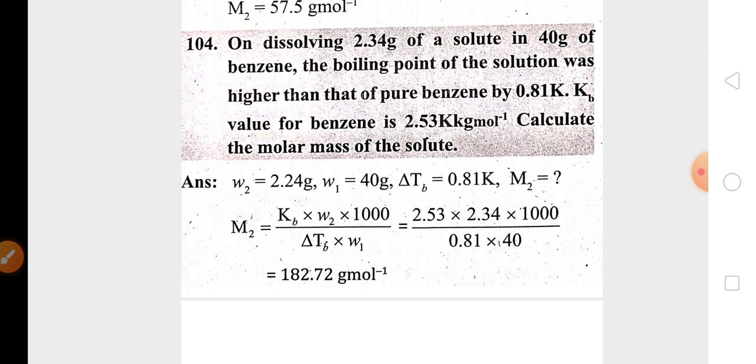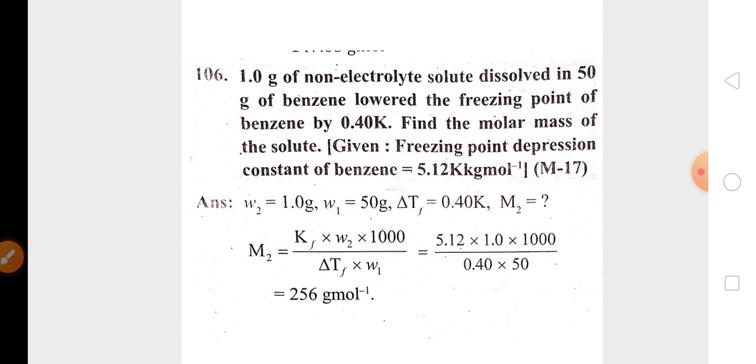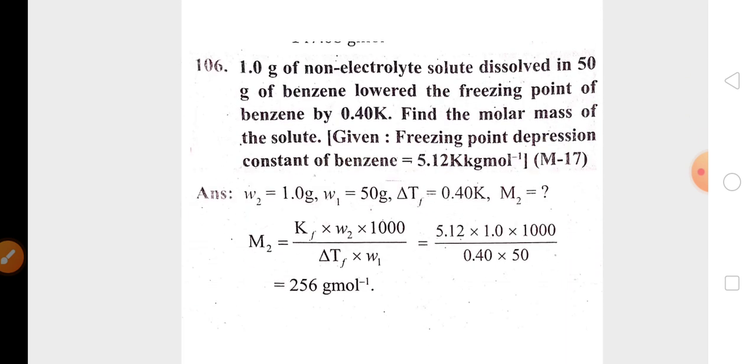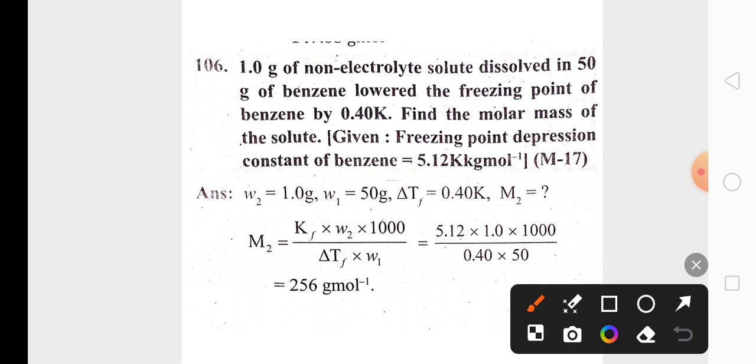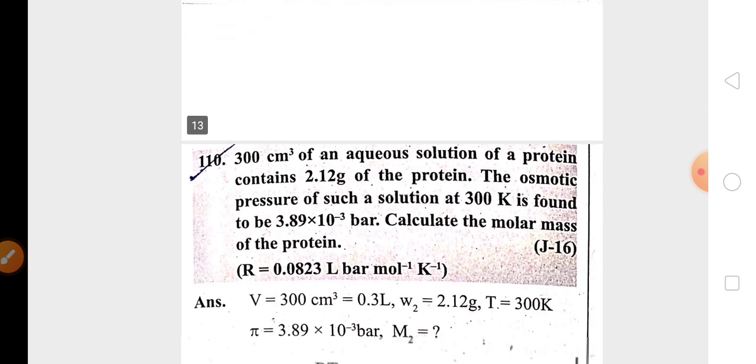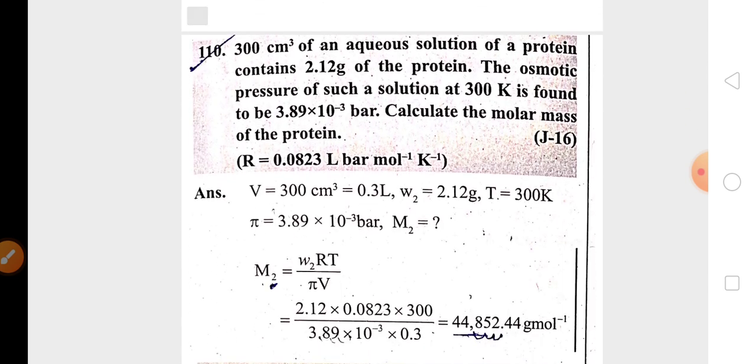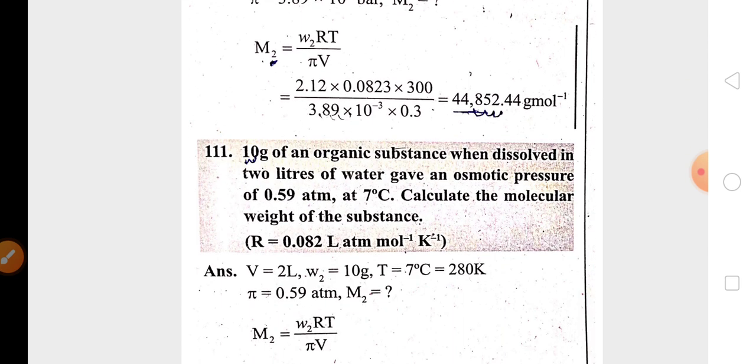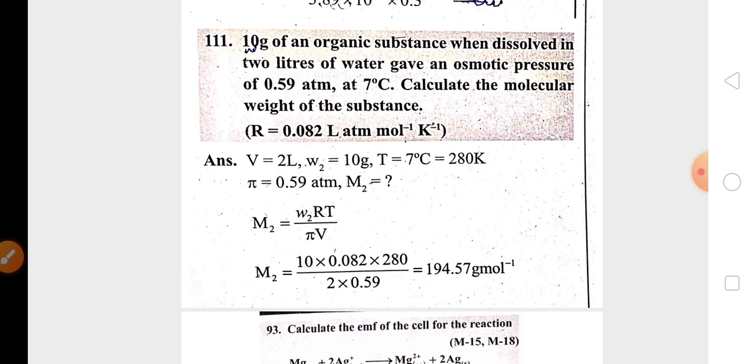Another question from elevation in boiling point to find the molar mass of solute. Then this question is to find the molar mass of solute related to depression in freezing point, related to freezing point depression constant. One more numerical related to the third colligative property, depression in freezing point. Then these are the numericals from the fourth colligative property, osmotic pressure, to find the molar mass. Two examples I have given here.